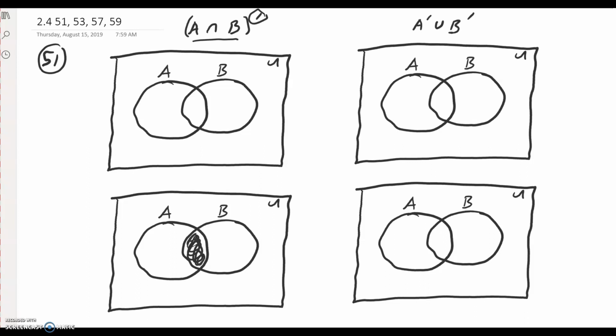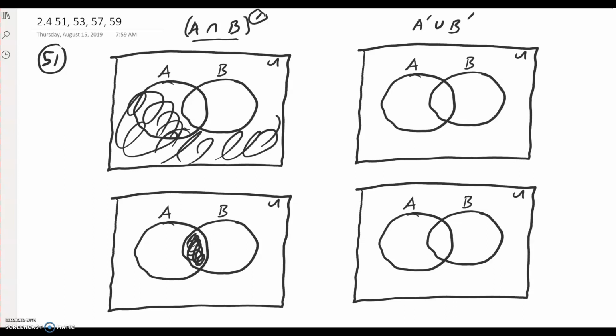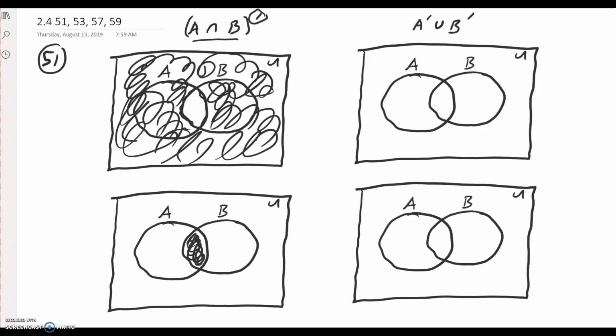The complement of that intersection means everything in the universe that's not in this intersection. That looks like everything outside of it. So we have a little empty space in this little intersection part, and everything else is filled in. This is a picture, admittedly a kind of messy picture, but it's a picture of this quantity.